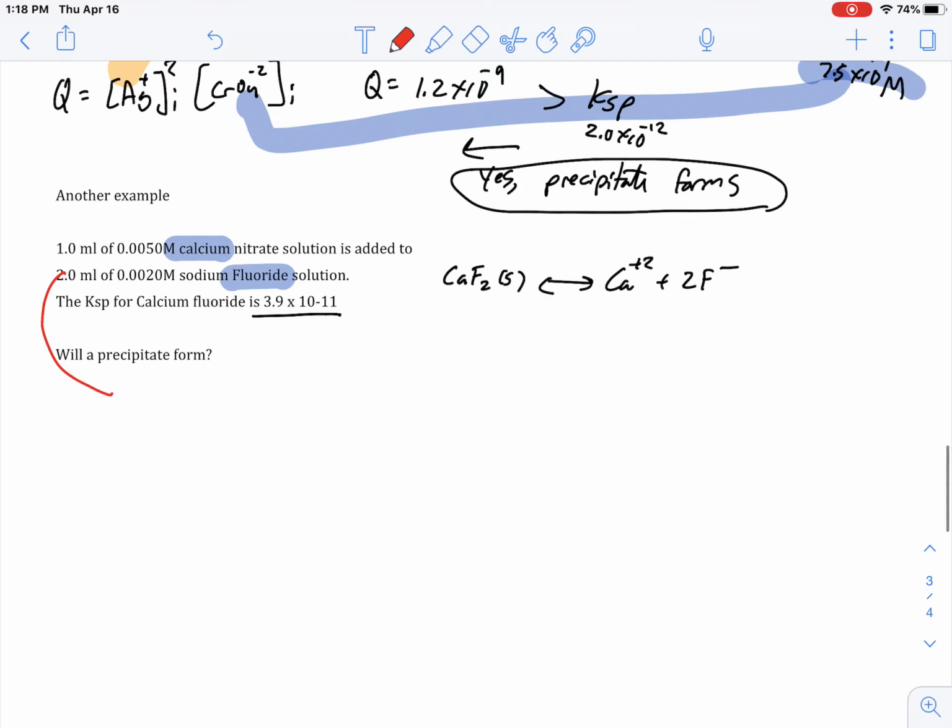So for the sodium fluoride, 0.0020 molar times 0.002 liters, because 2 milliliters is 0.002 liters, is going to be 4 times 10 to the negative 6 moles of NaF, but of course it's just the F that we're after.